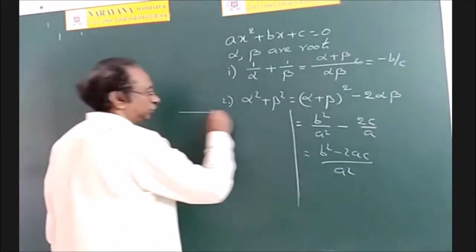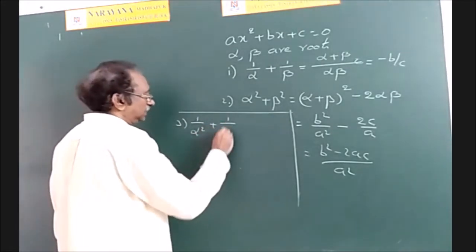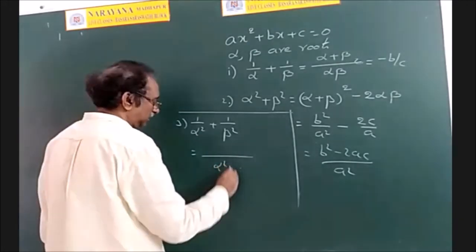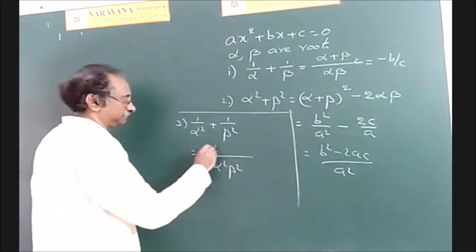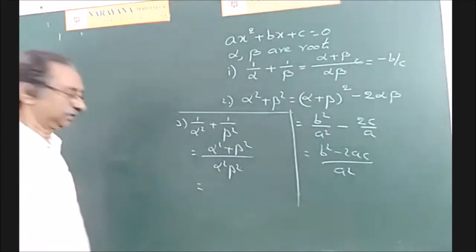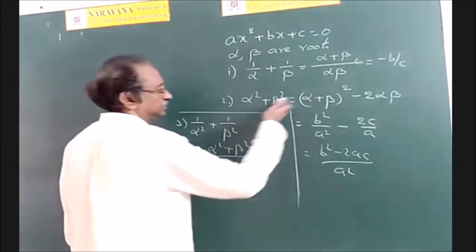Okay. And suppose 1 by alpha square plus 1 by beta square. The LCM is alpha square beta square, and the numerator is alpha square plus beta square. Already I have written this here.